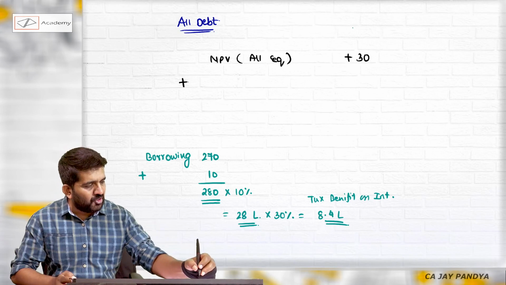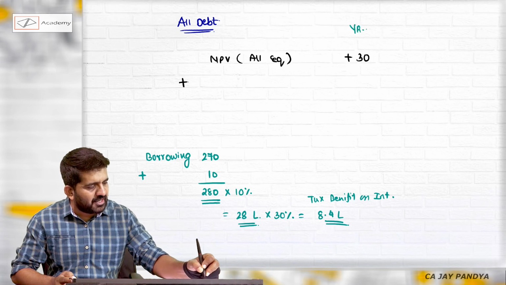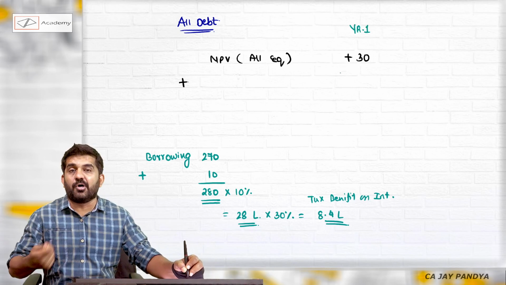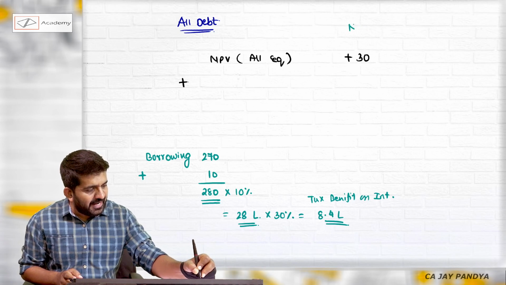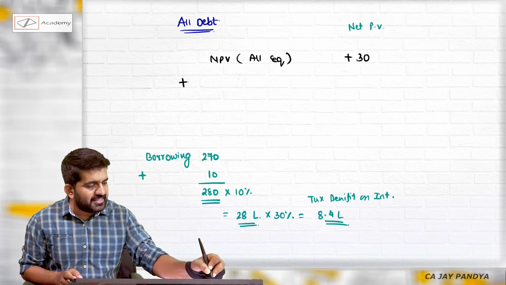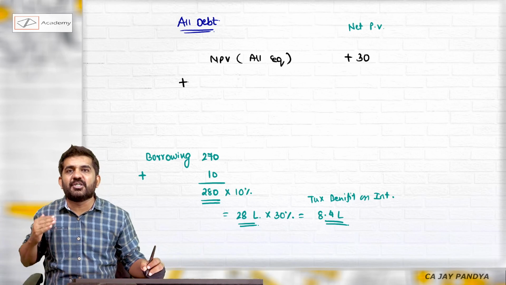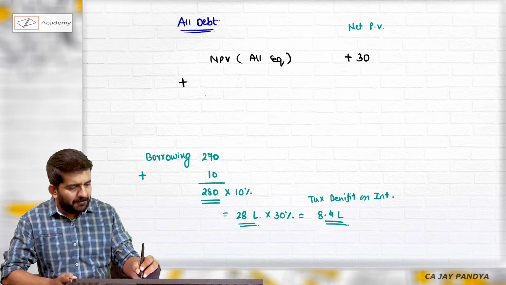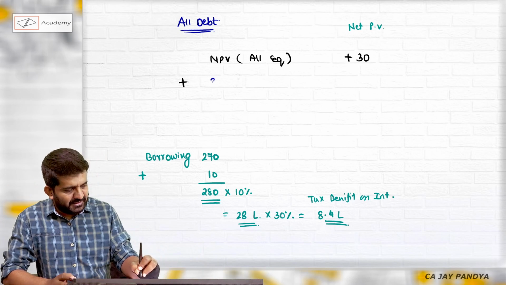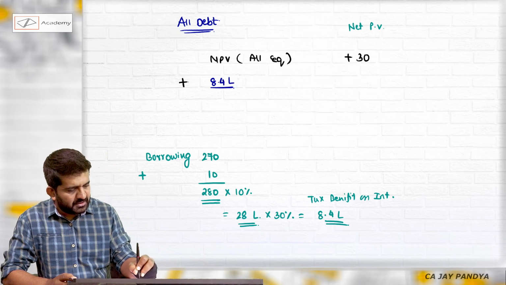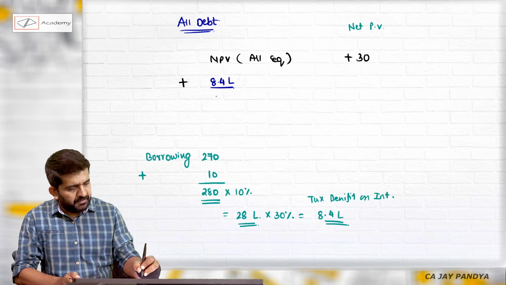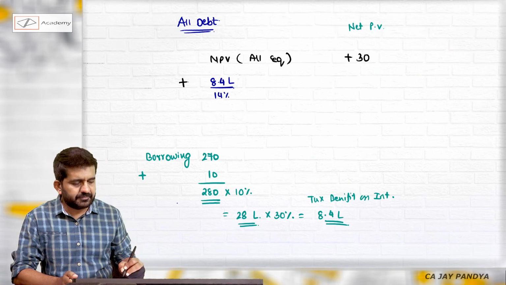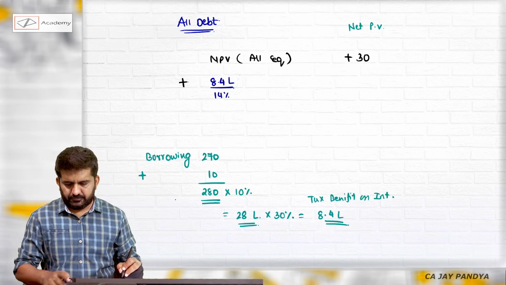Here I am not talking about year 1 or year 0 cash flows or present value. They are net present value of all the years' cash flow. So what benefit I'll be getting by this is nothing but 8.4 lakhs for infinite period of time at 14% factor.